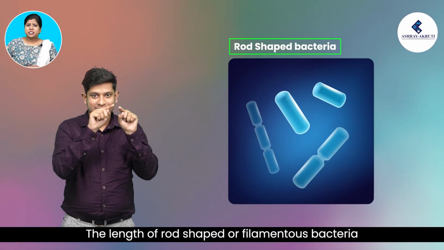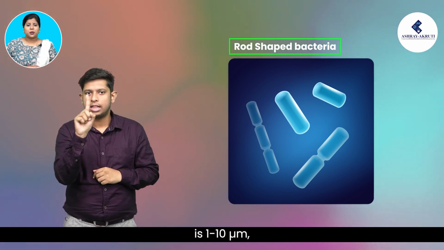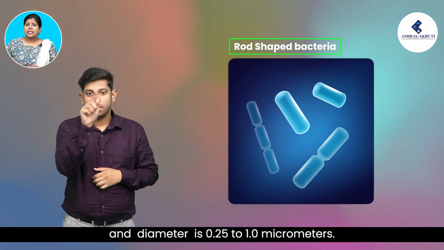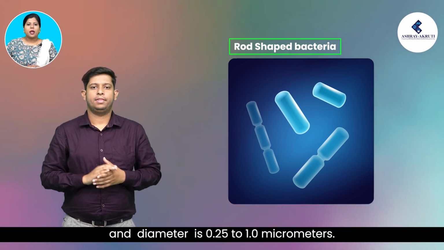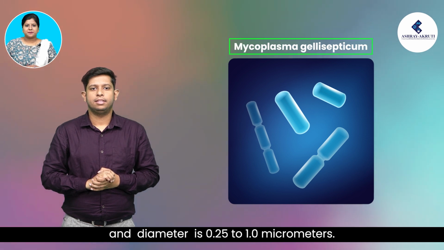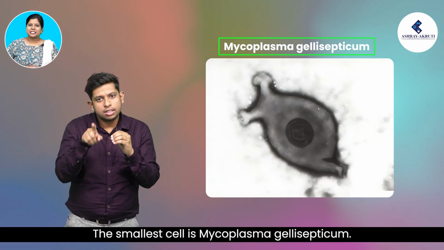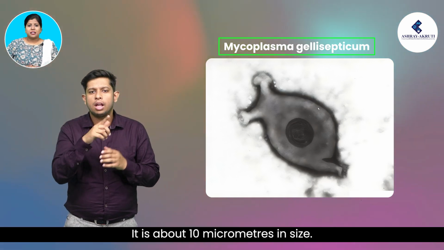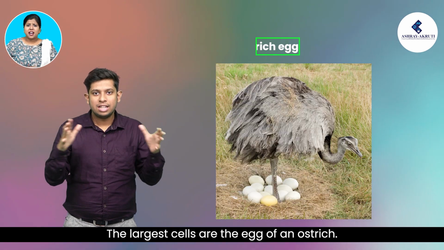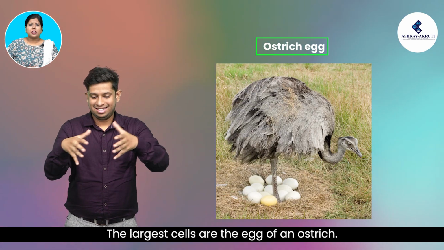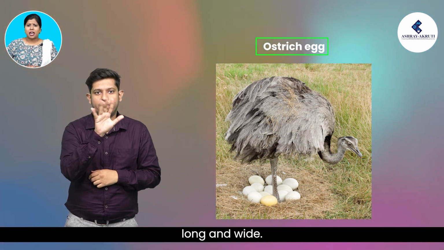The length of rod-shaped or filamentous bacteria is 1 to 10 micrometers and the diameter is 0.25 to 1.0 micrometers. The smallest cell is Mycoplasma gallisepticum. It is about 10 micrometers in size. The largest cell is the egg of an ostrich. It is about 15 to 18 centimeters long and wide.